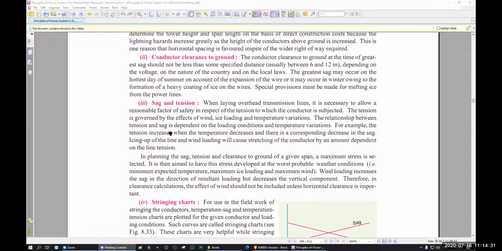If you install in the winter season, obviously that will give you more sag in the summer season. If you install in the summer season, that will give you more tension in the winter season. So you have to calculate that as well.